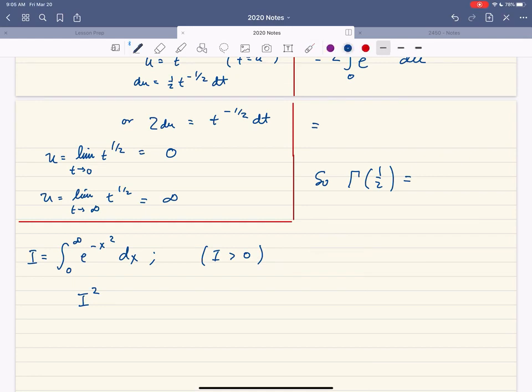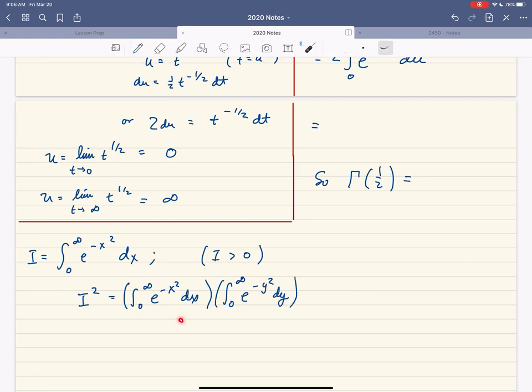It turns out I squared is much easier to evaluate than I. So I'm going to write this, which is a little bit silly, as the integral from 0 to infinity of e to the negative x squared dx times the integral from 0 to infinity of e to the negative y squared dy.